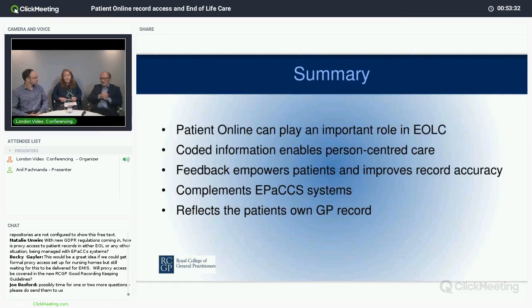And certainly in Scotland, the emergency system equivalent to the summary care record is much more complex and contains much more information than our standard summary care records, where many practices, many patients do not have any additional material included. And free text with read codes can be really valuable, and you can make that available through Patient Online.